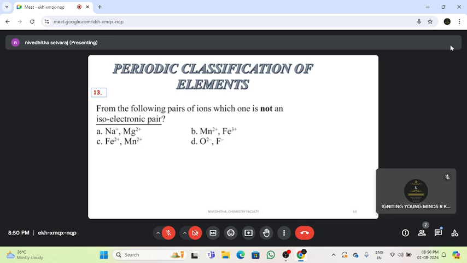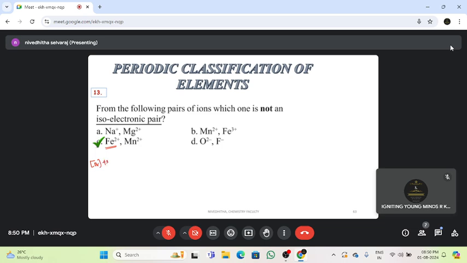This is also a neat question. Option C, ma'am. Very good, Anu. It is option C. Because as far as Fe2 plus is concerned, the electronic configuration will be argon.